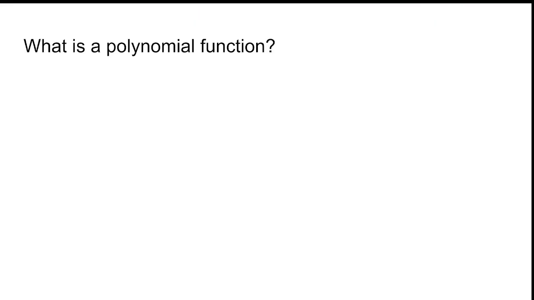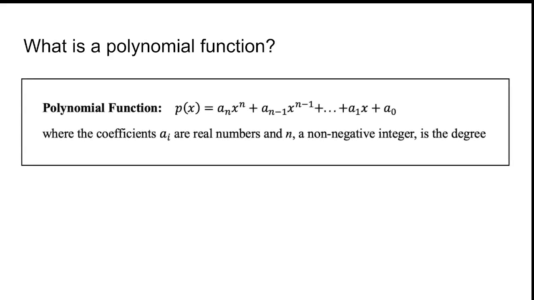Poly for many, nomial for I'm not sure what, but what in math we call a polynomial function is defined as something that looks a little overwhelming maybe, but it's some power of x, and the powers have to be integers.